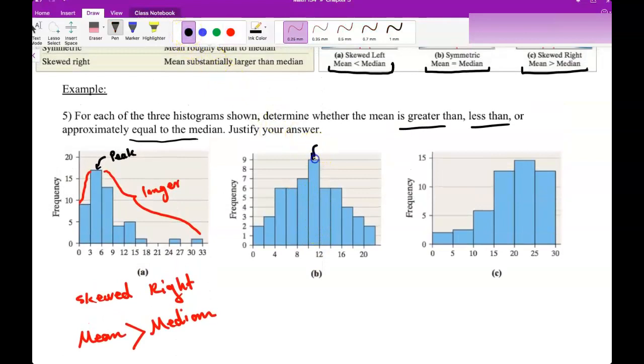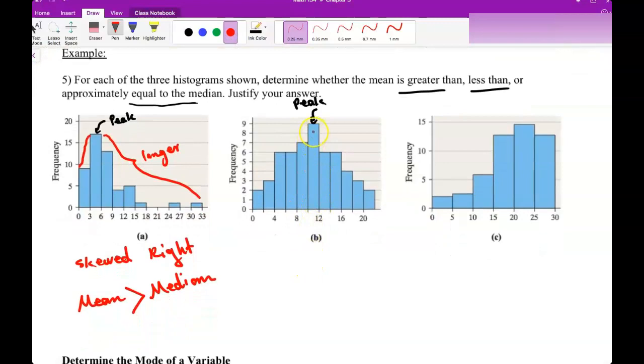Now, what is this one? This is the highest frequency we have, and that is in between. What that means is it is symmetric. That's why mean is approximately equal to median.